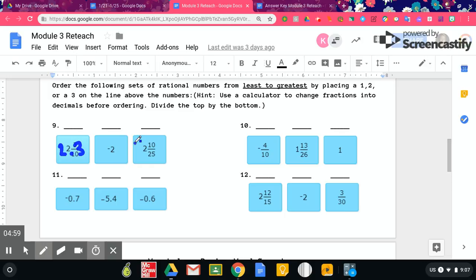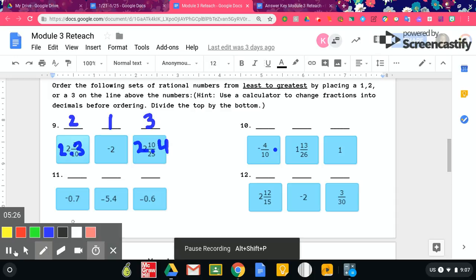So I'm going to think of that as positive 2.4. If it's a negative fraction like over here, then you need to make sure that the negative carries with it, but those were all positive. So now order them from least to greatest. I have positive 2.3, negative 2, and positive 2.4. So the negative is clearly going to be the least, so I'm going to put a 1 above it. And then if I'm going in order from least to greatest, this would come second, and this would come third.